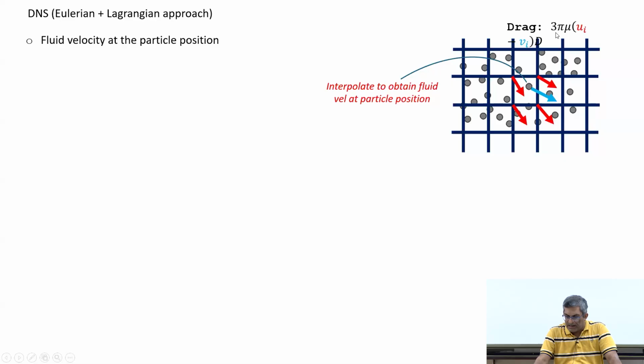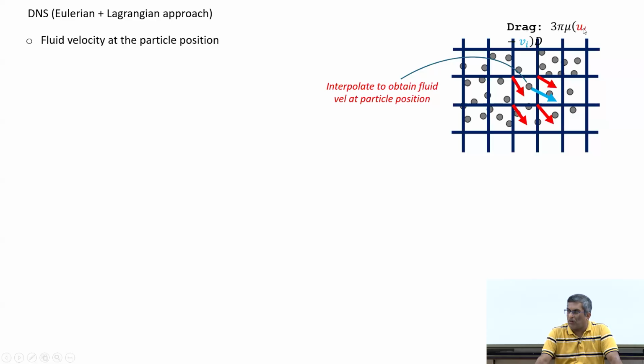Now, this is the drag term, where you have the carrier phase velocity, and this is the particle phase velocity. Consider, let us say, this is your grid and there is one particle here, and around the grid you have 4 fluid velocity vectors defined. I am showing this in 2D, you can extend this to 3D also. Now, the question is, how do you evaluate the drag?